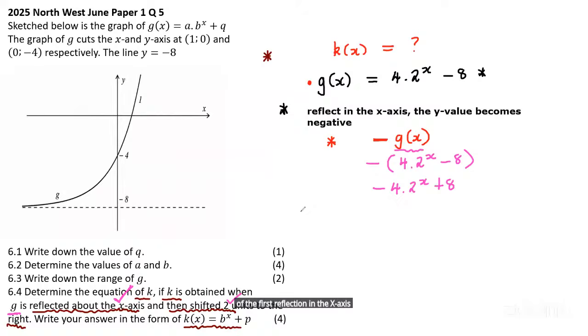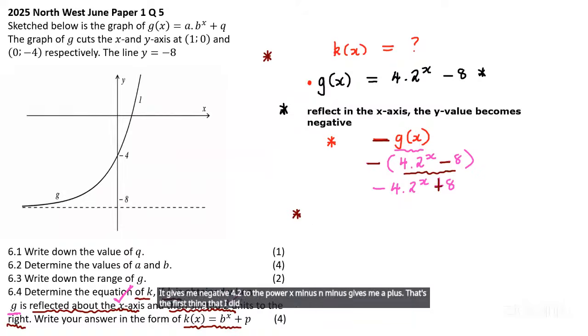The y value becomes negative. So negative g of x, negative y value, gives me negative 4.2 to the power x, and minus and minus gives me a plus. That's the first thing that I did.